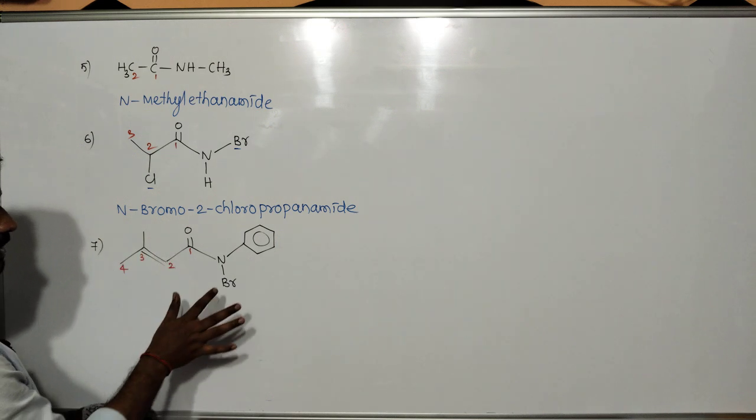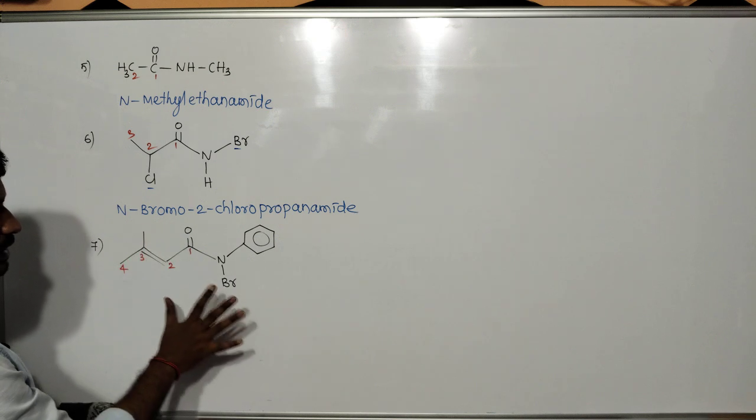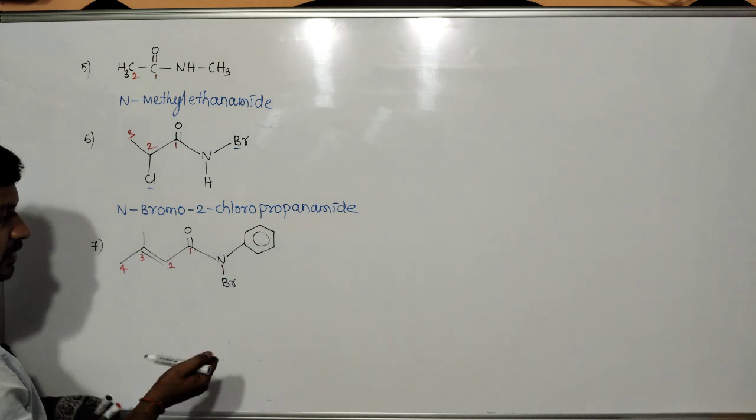At the third position methyl, on nitrogen bromo and phenyl. Methyl begins with M, bromo begins with B, phenyl begins with P. Which one comes first?